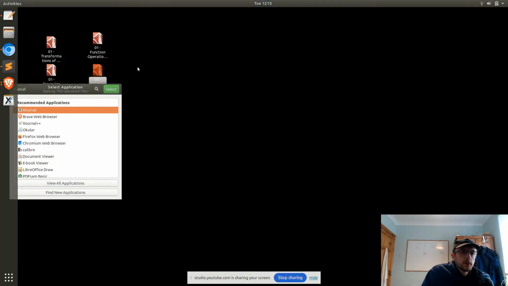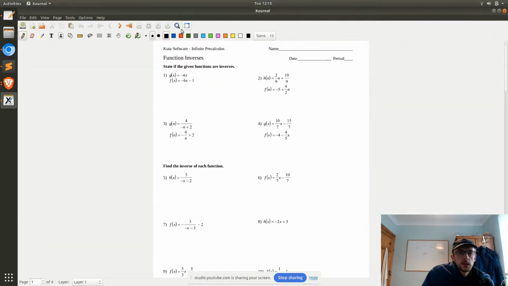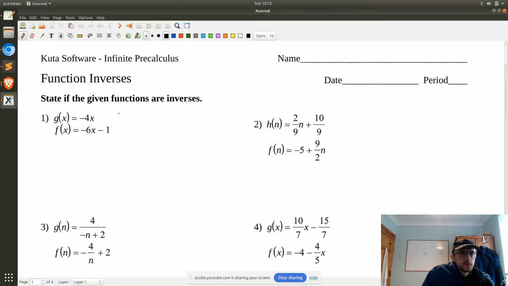And now, inverses. We must state if the given functions are inverses, and there are 16 problems altogether. And here we go.